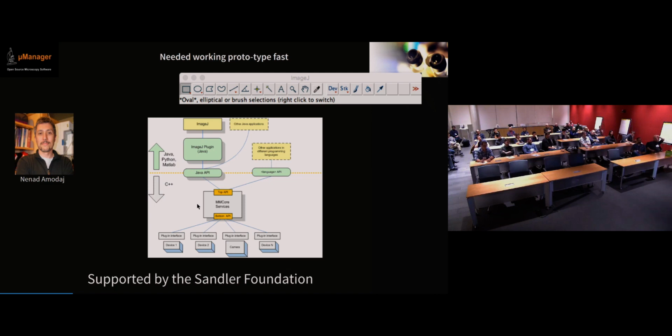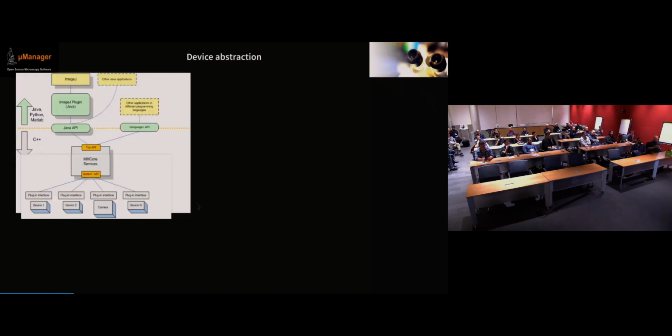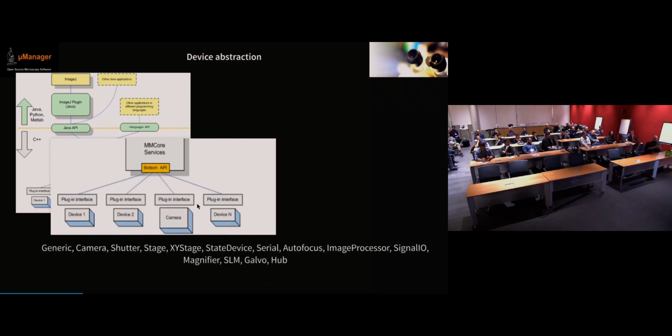If you want to go to a device, you always have to go through that device abstraction layer to keep these things clearly separated. That whole lower part was written in C++. And I have to say that now, 15 years later, that bottom API still completely stands.